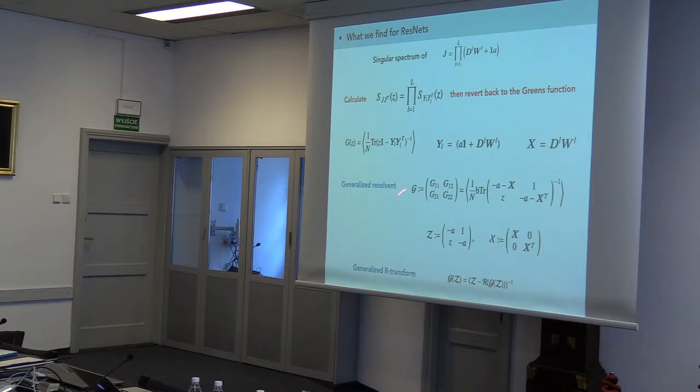So we introduce a generalized Green's function, in this particular form here, so that again the generalized R transform is defined with Z and X in those ways. And it turns out that the Green's function, which you're looking for, is the off-diagonal term here of this matrix.